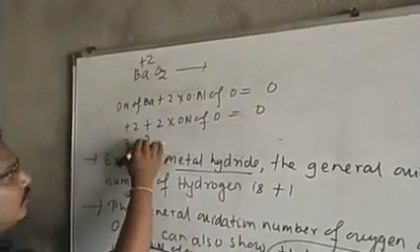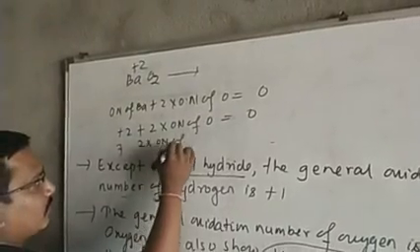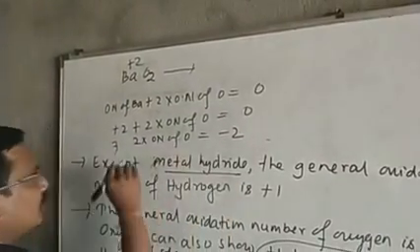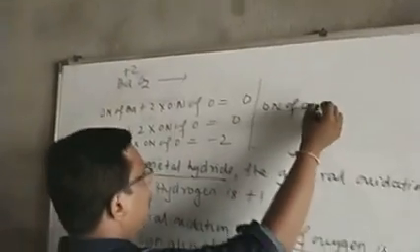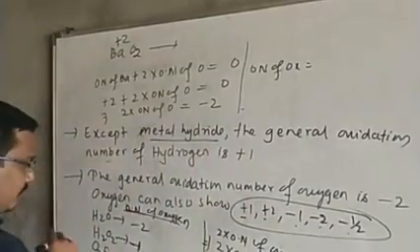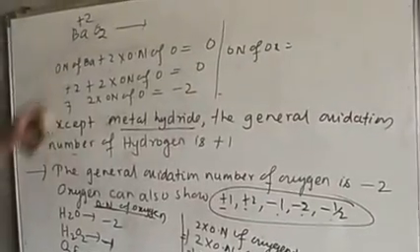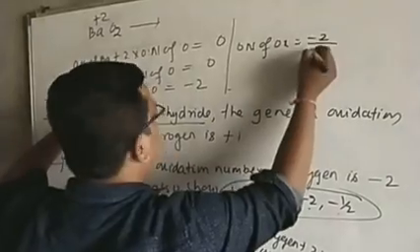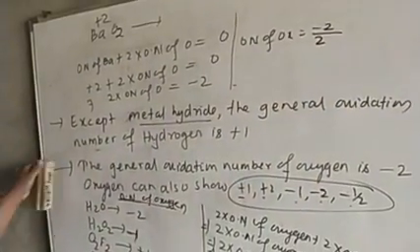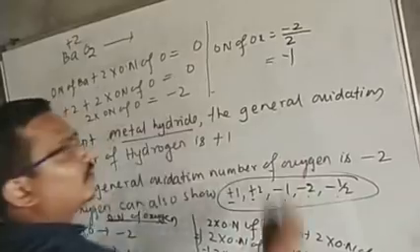That means 2 times the oxidation number of oxygen is equal to -2. And the oxidation number of oxygen is how much? -2 divided by 2. That means it shows -1.